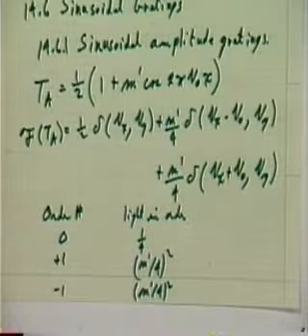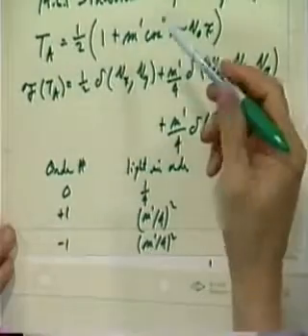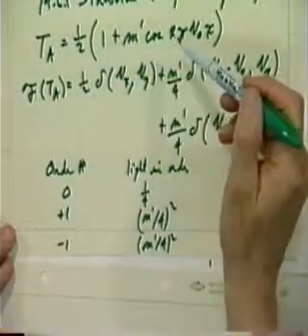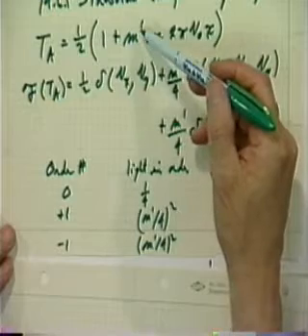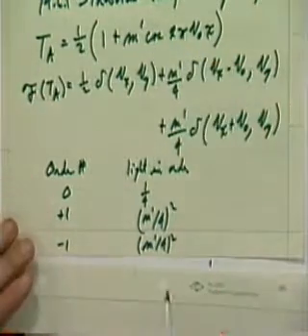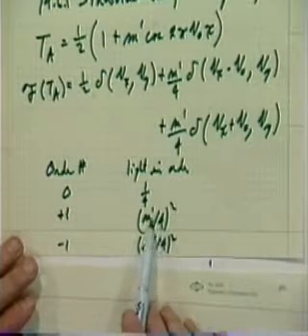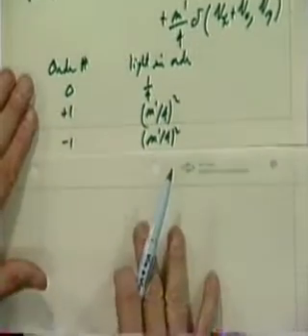For this to stay positive, the largest value m prime can have is 1. So the most light we can get in a given order is when m prime is 1, and we get 1/4 squared, or 1/16.